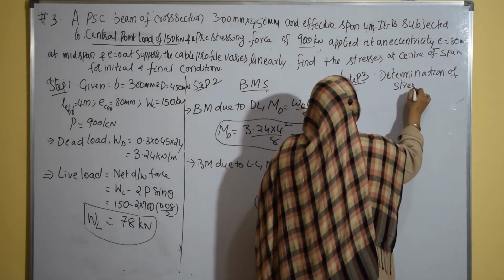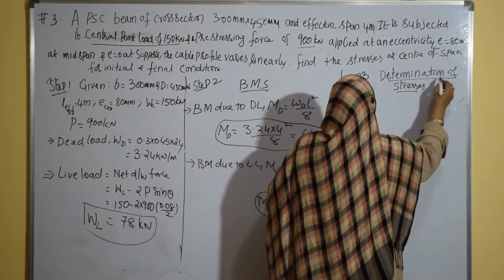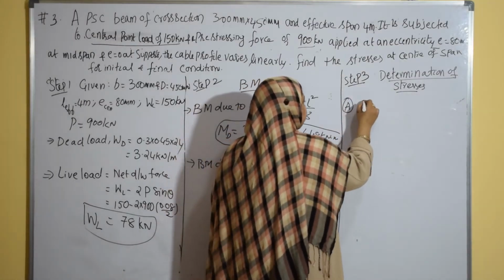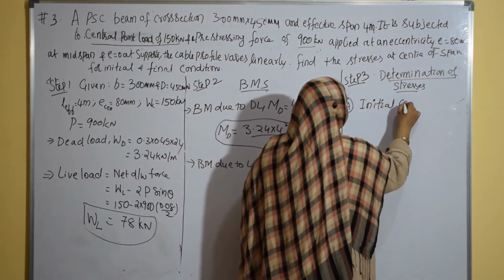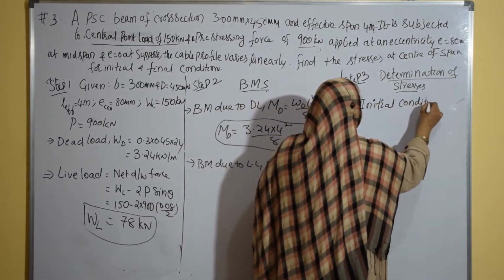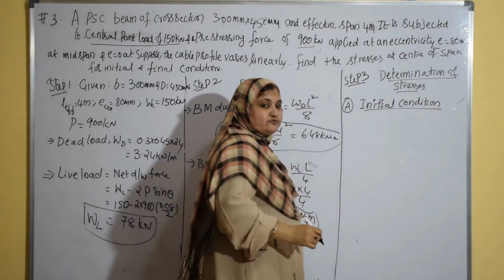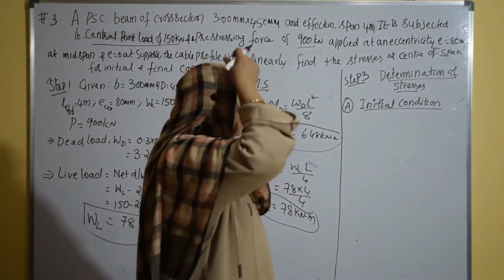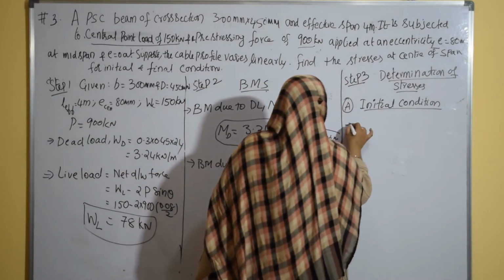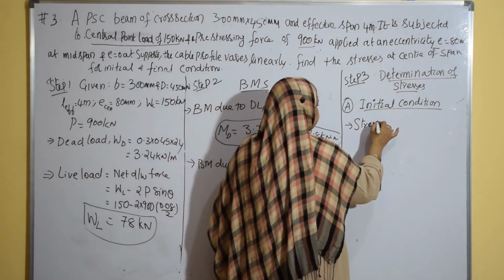In this I have again subclassified into A and B. A I have kept for initial conditions. Initial conditions means before the application of live load. So we have to find stress at top face of the beam and stress at bottom face of the beam. So in the initial condition, stress at top face.